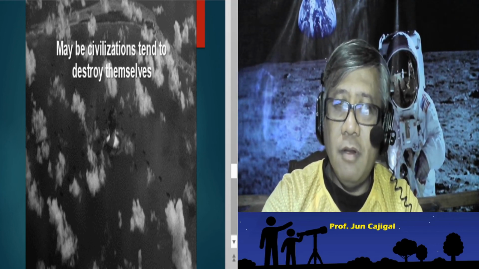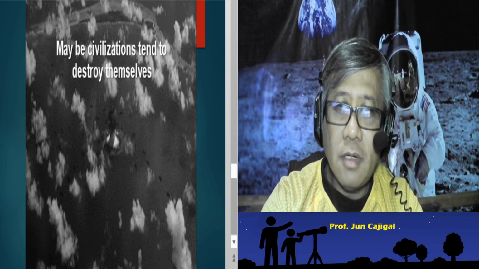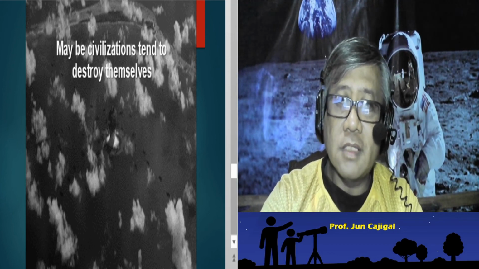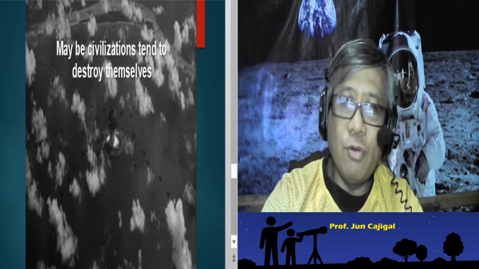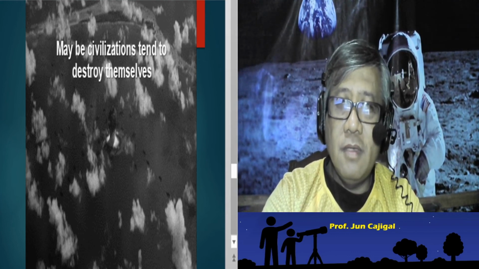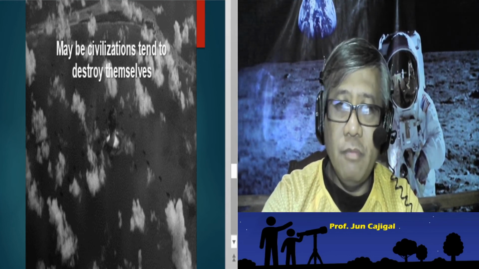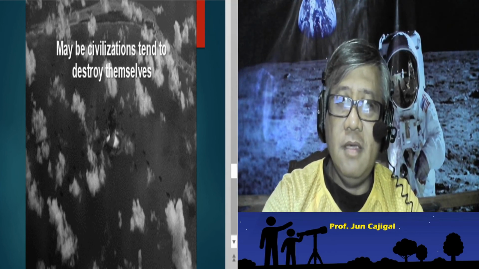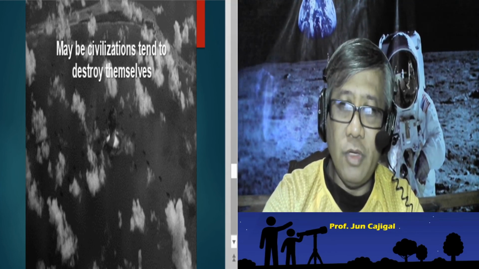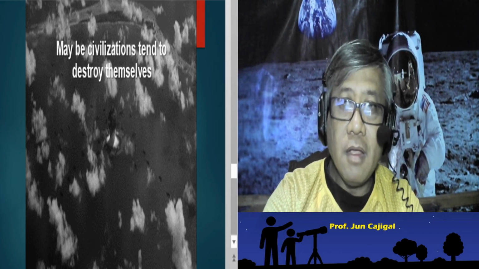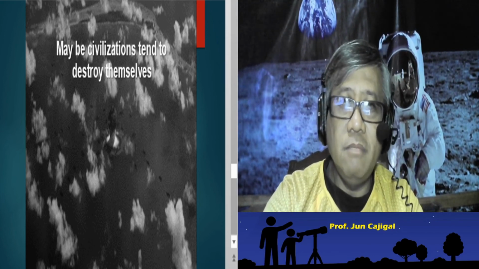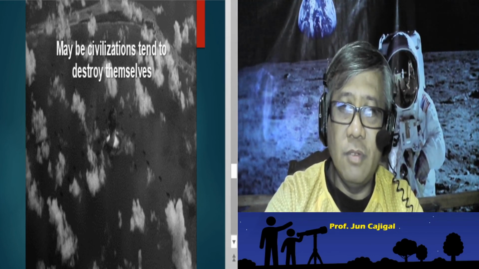I think you're familiar with the Death Star sa Star Wars. Yung Death Star, ano yan? Planet destroyer yan, di ba? Okay? I'm sure you're familiar with Star Wars. Ayan, the Death Star destroys planets. O baka ganun. So many civilizations, they tend to destroy themselves.